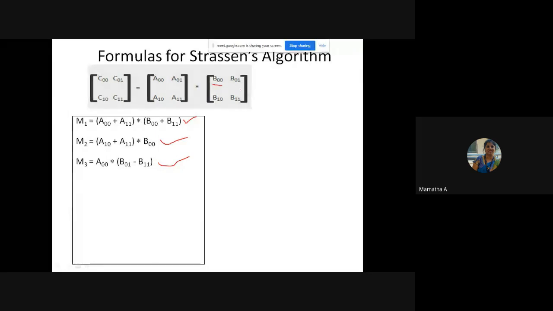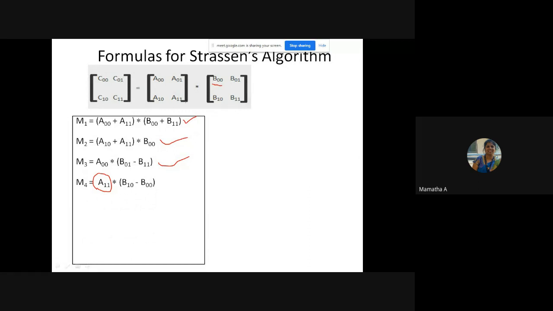Right? Next is M4. M4, you can observe it is A11 into B10 minus B00. What do you observe? What is A11, students? The last element in the first matrix.